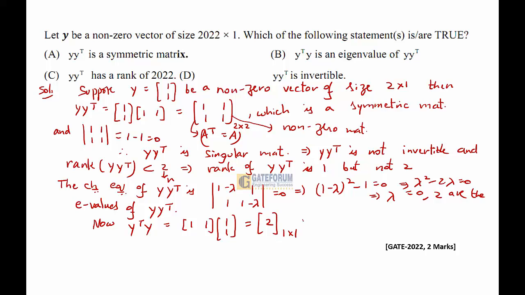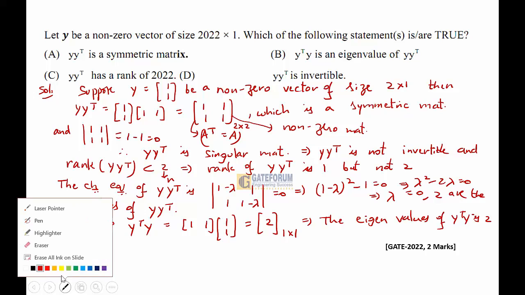So the eigenvalue, because in every 1 cross 1 matrix the one element itself is the eigenvalue of that matrix, the eigenvalue of Y transpose into Y is 2.